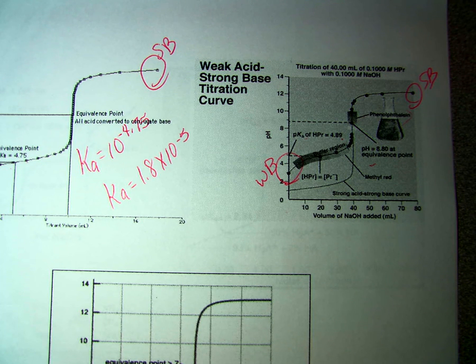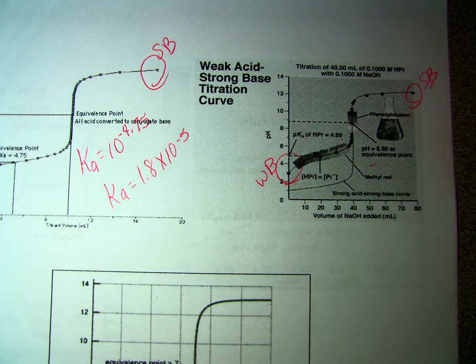If it asked you what indicator you would use with this acid, you would try to match the Ka of the indicator to the Ka of the acid. It's both Kas, because indicators are actually weak acids.